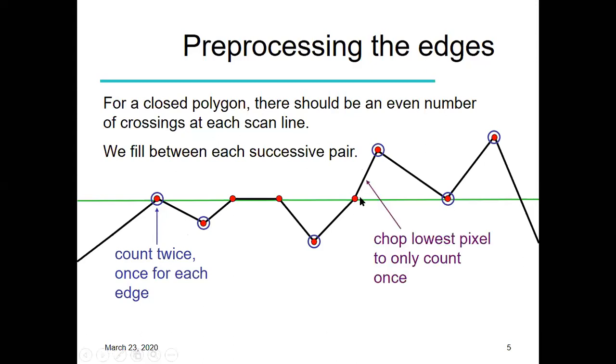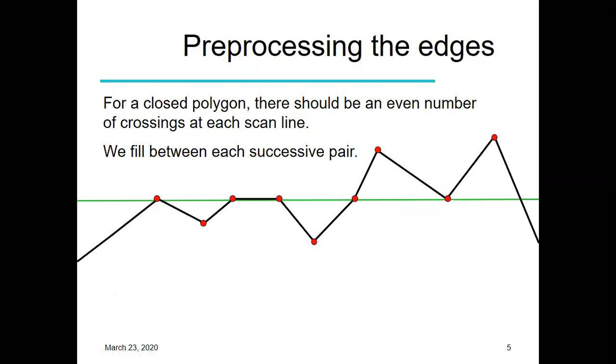You can see here there is one more conjoint vertex. We will separate this and consider this particular point as 2 points. How? Chop the lowest pixel, and the next scan line will now become your x1, y1. I'll repeat, there are some rules to apply the mathematics.